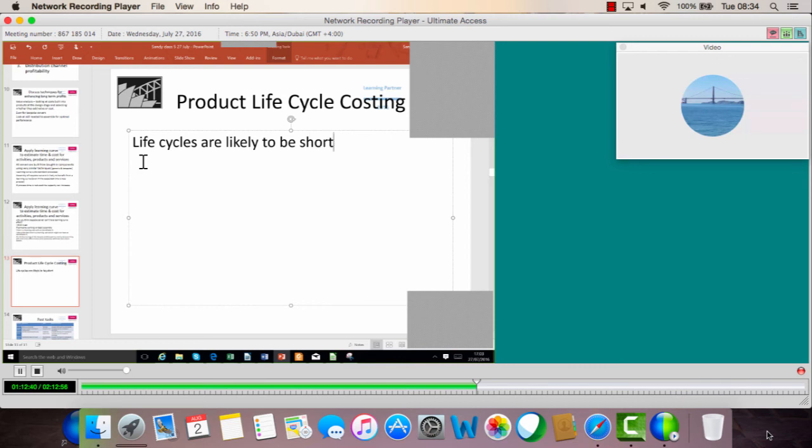I think life cycles are likely to be short. We know that, there's reference to Moore's law, which is also on page 7. We're not doubling every year anymore, but doubling every 2 years.